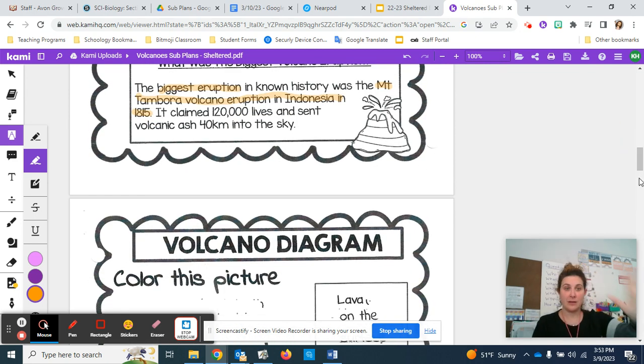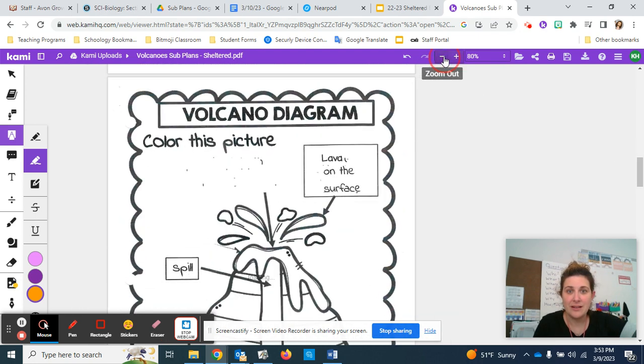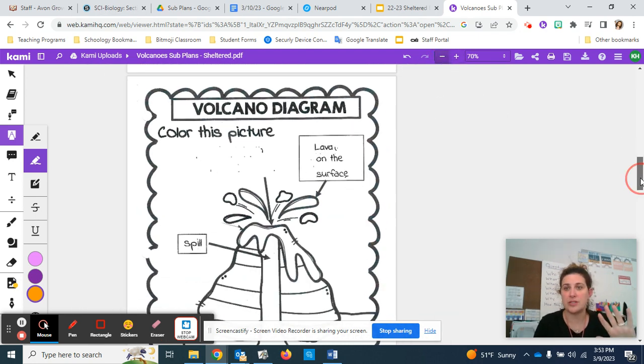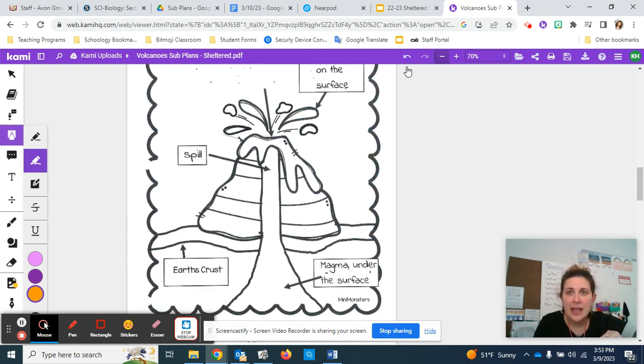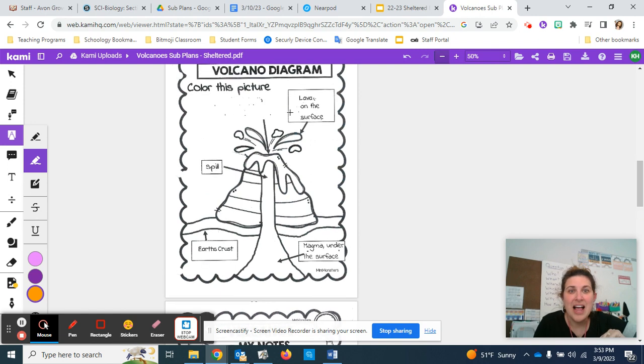Ok. Después, necesitas pintar, elegir sus colores, cualquiera. En el dibujo hay lava, a spill, la corteza de la tierra y magma. ¿Recuerdas?